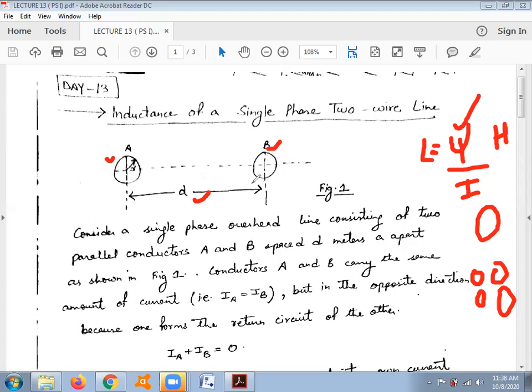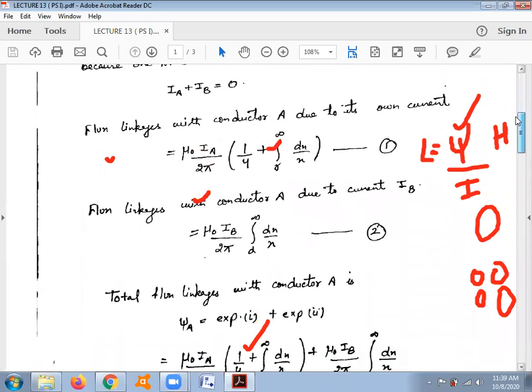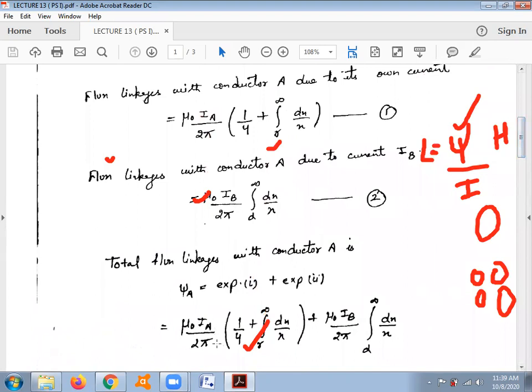Both are separated by a distance d. By applying Kirchhoff's current law, the sum of all the currents entering or leaving the junction must be equal to 0. Now we move ahead with the derivation.